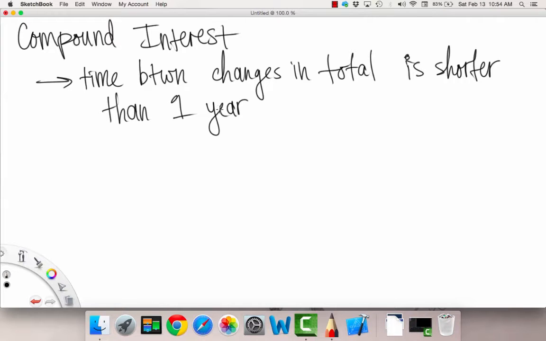Okay, and this also works for the case of 1 year as well. This is just a more general formula for how to model exponential functions.